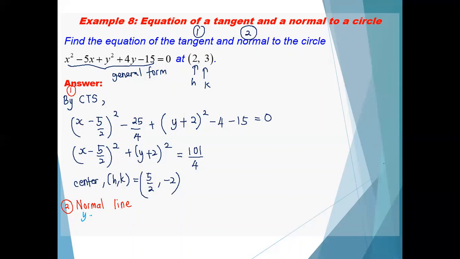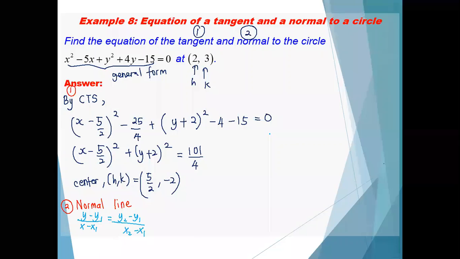So y minus y1 over x minus x1 equal to y2 minus y1 over x2 minus x1. So, okay, normal line.